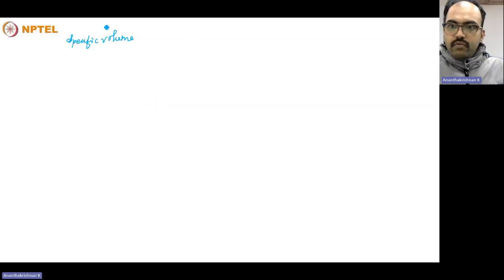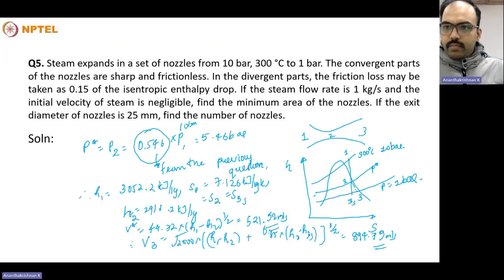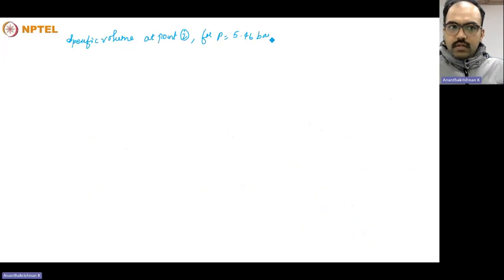First, the specific volume at point 2, for a pressure of 5.46 bars and S2 equal to 7.128 kilojoule per kilogram Kelvin.